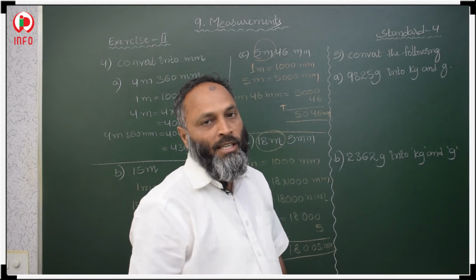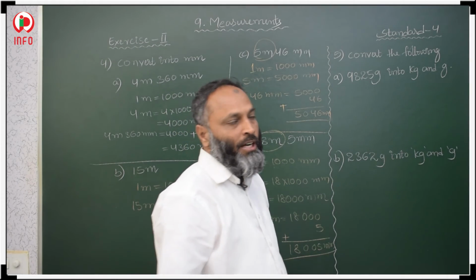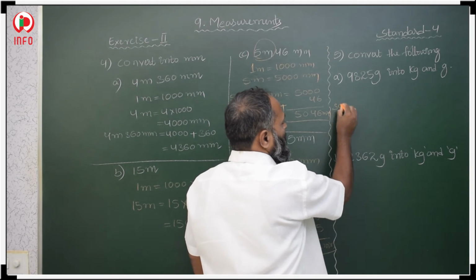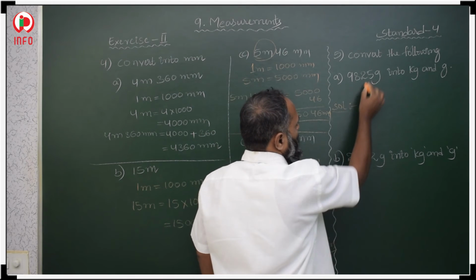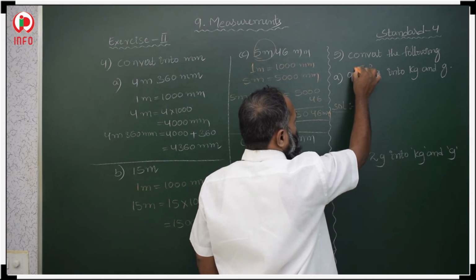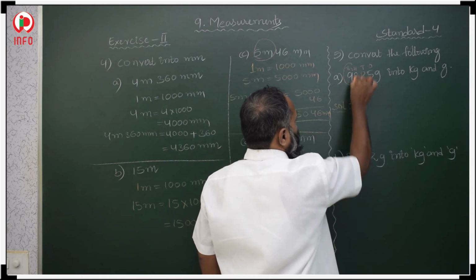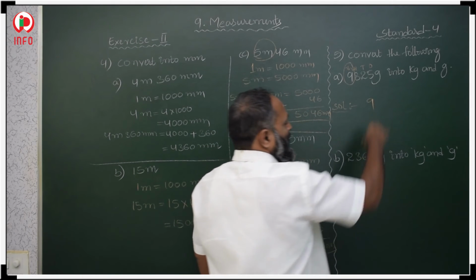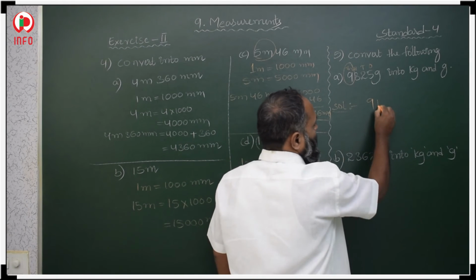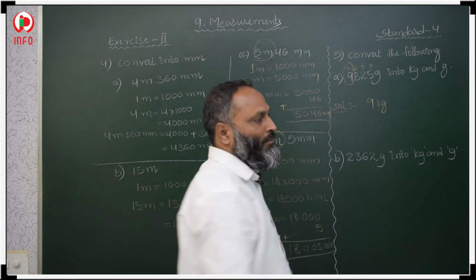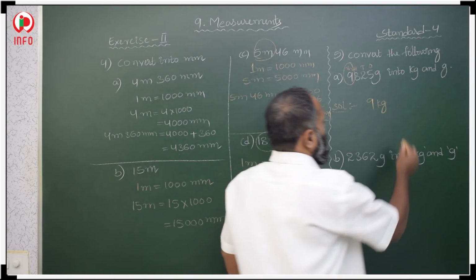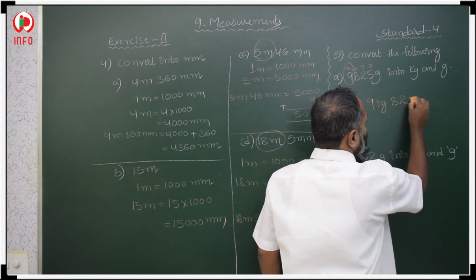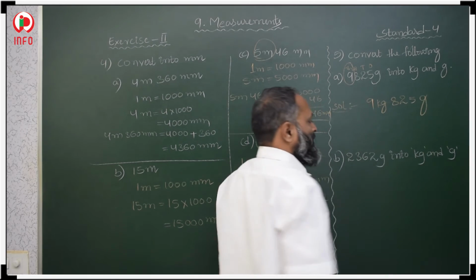Now here, convert the following into kilograms. Smaller units, grams, are given. Then we should convert into kilograms. See here how to convert. This is ones, tens, 100 and 1000. This is the thousands place. Now you take the thousands place 9 and after that write kilograms. Thousands place is kilograms and the remaining places are grams. 825 grams.